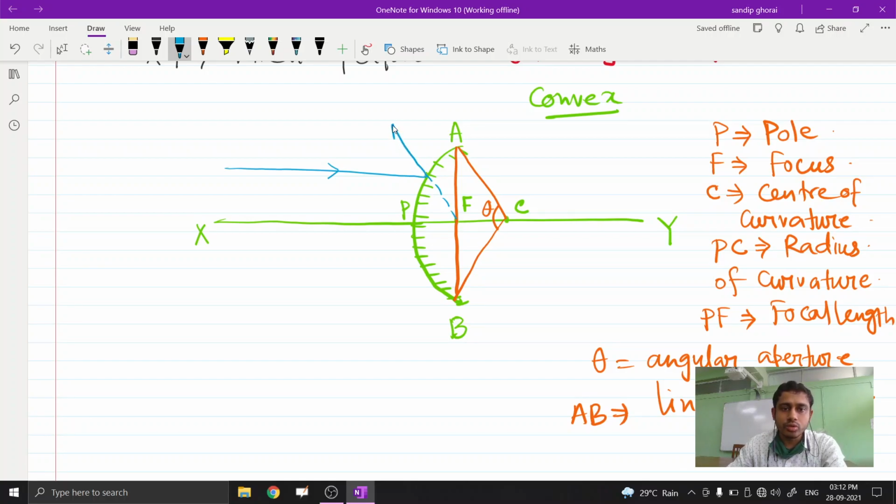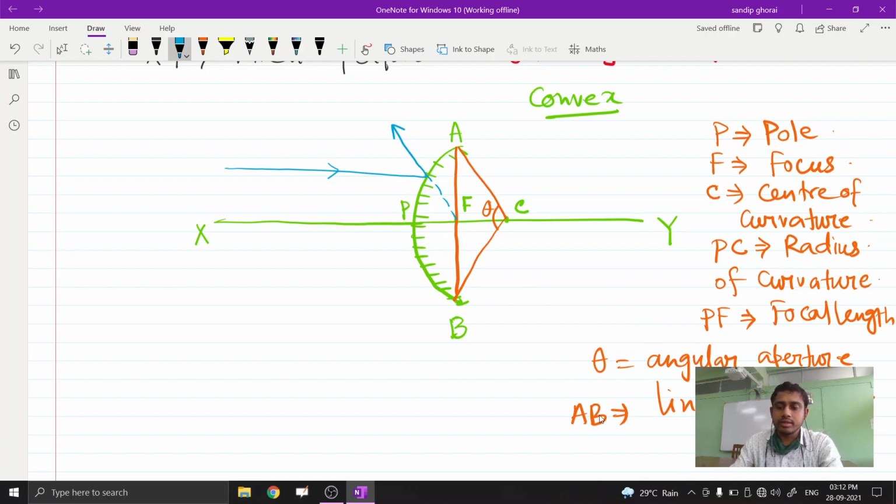So the definition of focus for a convex mirror is changed. When an incident ray parallel to the principal axis is incident on a convex mirror, then the reflected rays appear to come from a point on the principal axis. This point is called focus.